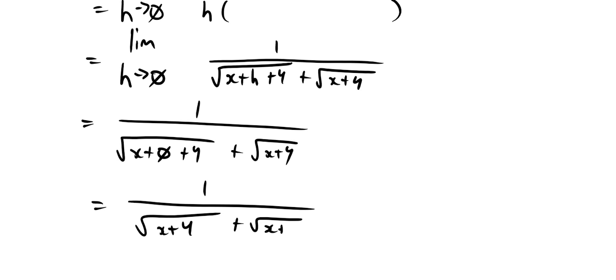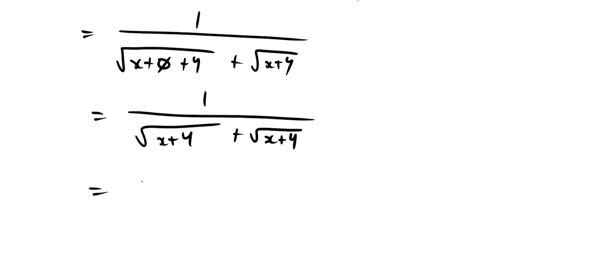How can I rewrite this? Yeah. I've got 2 of the same thing, so I've got 2 of them. Okay? And that's our final form for that one, for the general derivative.